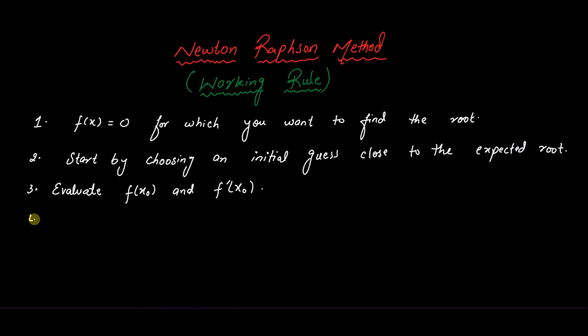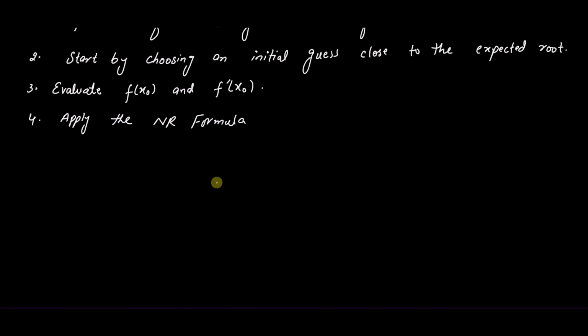After that, we need to apply the Newton-Raphson formula. We call it the NR formula also. NR is the short form of Newton-Raphson formula. So we write it like this.